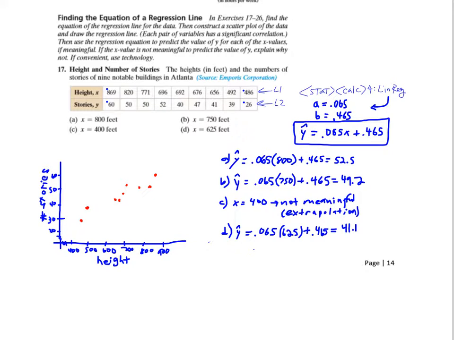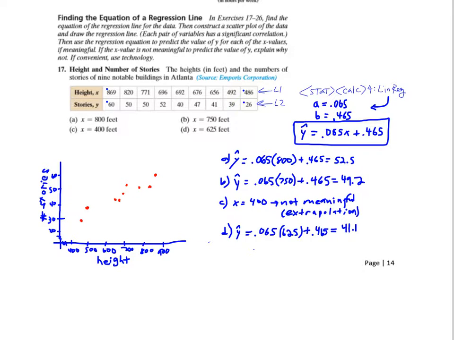So here's what I did first. I put the heights in list 1, that's the explanatory variable, also called the independent variable. I put the number of stories in the building in list 2, that's the y variable, the dependent variable, also called the response variable.